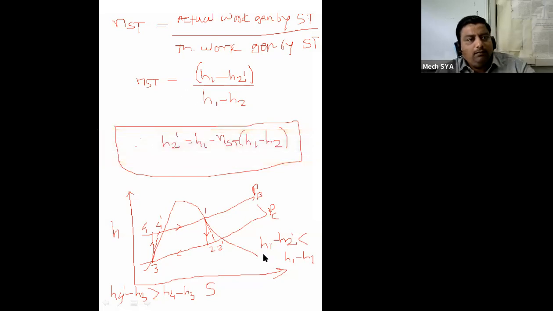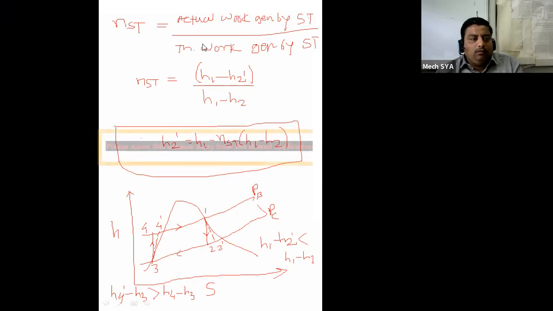Okay, draw diagram and please mention over, so that we'll go to next step. This is actual Rankine cycle. Everyone understand?